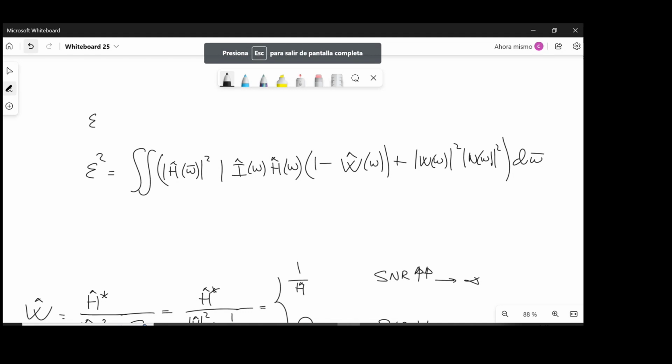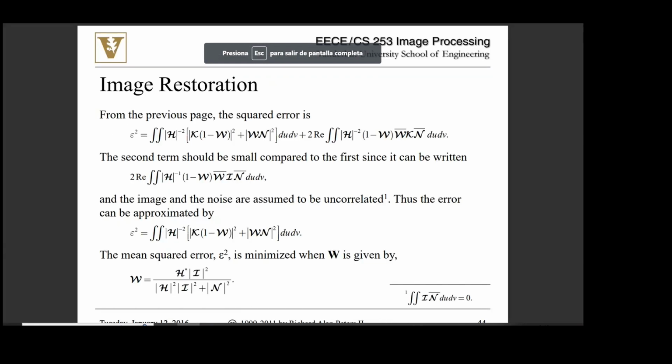So epsilon squared is a function of what? It's a function, right? So it is a function of h. It is a function of I. Actually, rather than I, it's a square here, I think. It's a square.